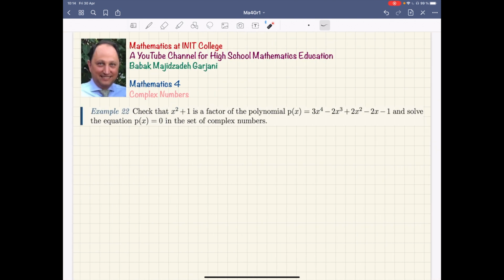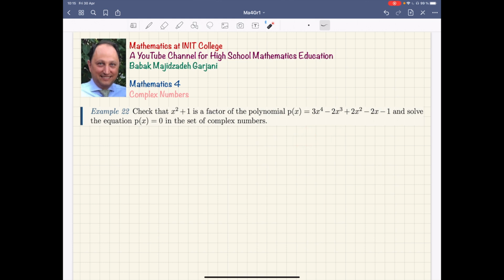Okay, so what I'm supposed to do: the claim in the problem is that x squared plus 1 is supposed to be a factor of this. If I say, show me that the number 2 is a factor of 6, one way to do that is to divide 6 by 2 and show that the remainder is 0.